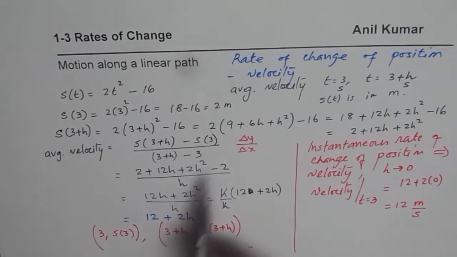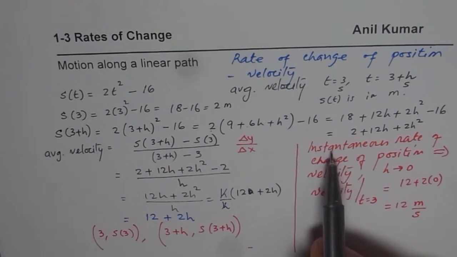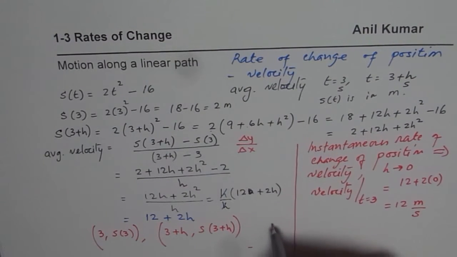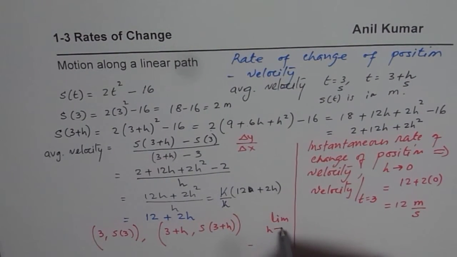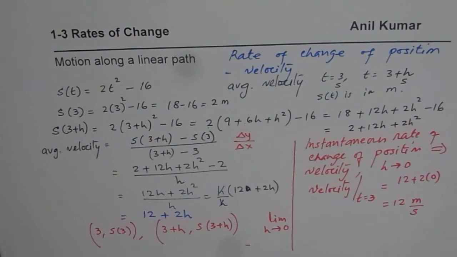So we got the average rate of change in terms of the difference in interval. But when you want the instantaneous rate of change, you say limit h approaches 0, and that is how the two things are very much related. I hope that helps you understand the very basic concept.